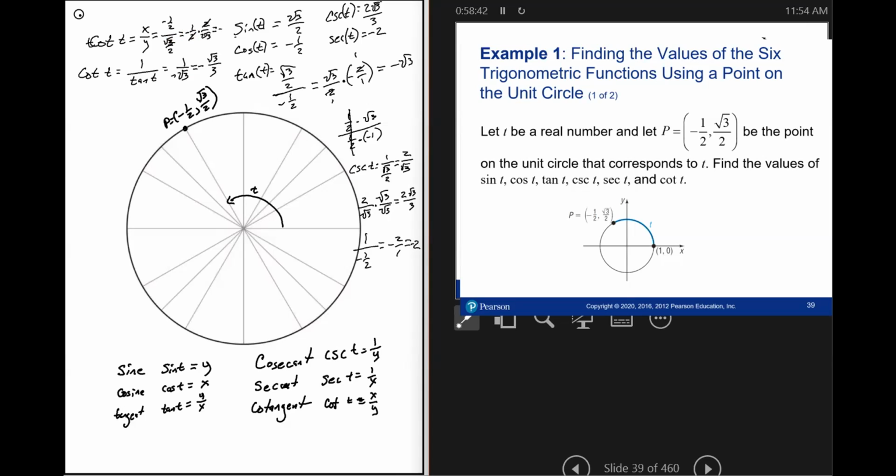And so this is the negative of 1 over the square root of 3, which is just this right down here, which rationalizes to that. So my cotangent of t equals the negative square root of 3 over 3, sorry.